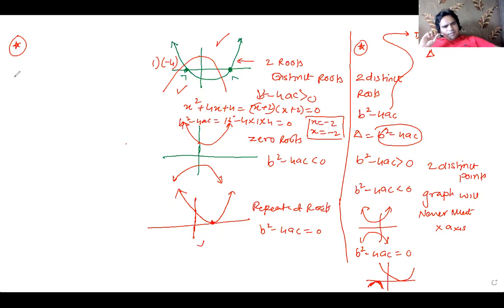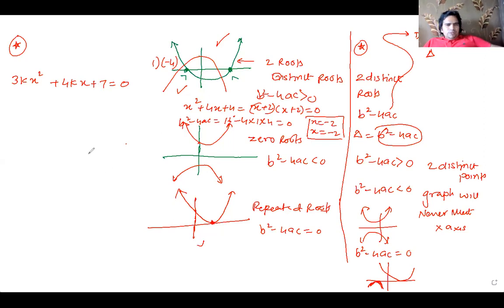For example, they'll give us 3kx squared plus 4kx plus 7 equals 0. Now, this is not a quadratic with fixed coefficients. What you can do is change the values of k based on what you need, like how many roots you want, at how many points you want it to cut the x-axis. That will be decided by the k value.